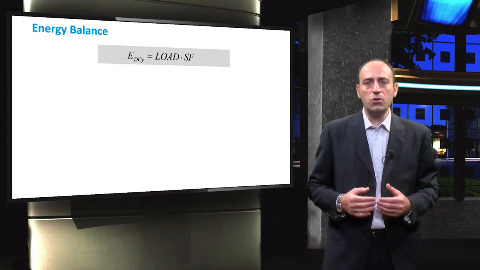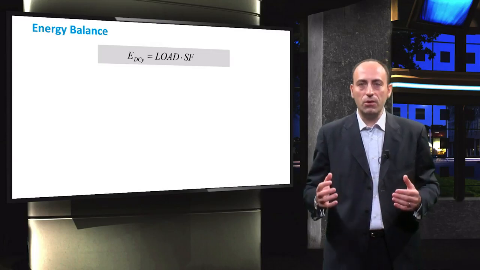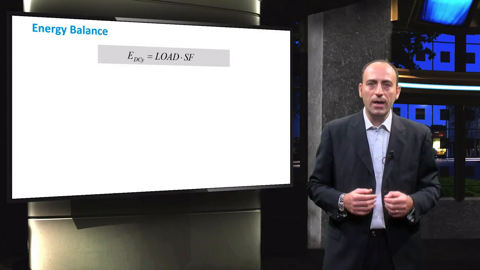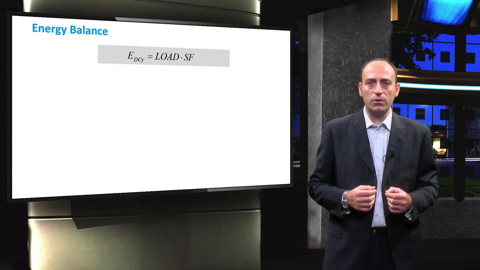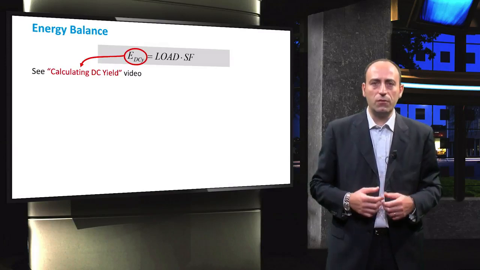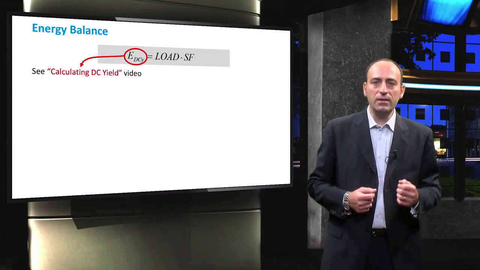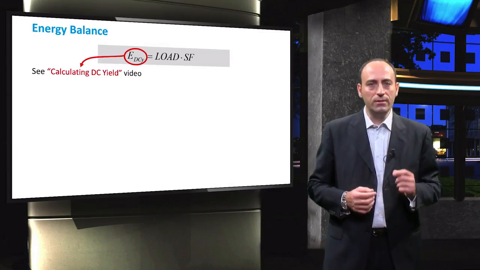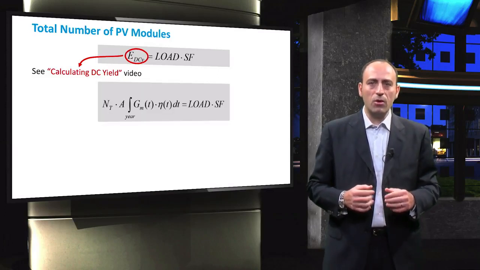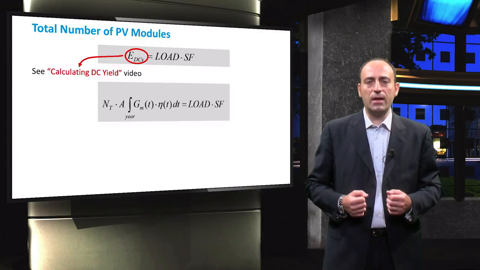Here, the energy consumed by the loads and the PV generation are balanced over an entire year. Additionally, a sizing factor is also included. Note that the procedure to calculate the DC energy yield from the PV is explained in detail in the video Calculating the DC Yield. From this energy balance, the number of PV modules required can be calculated.